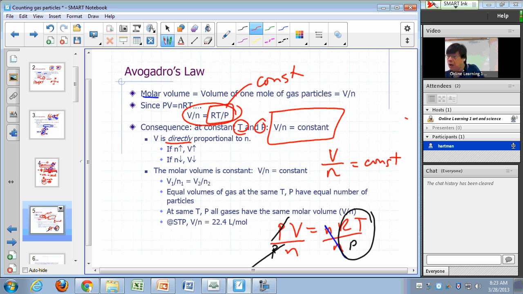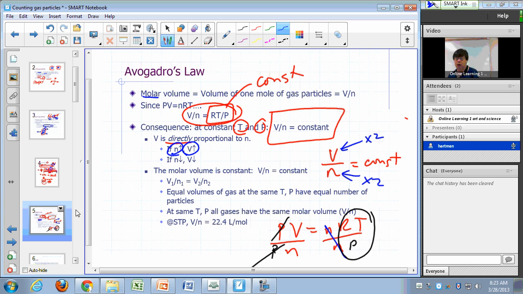If one is doubled, the other is doubled. So as the number of moles goes up, your gas occupies more volume at the same temperature and pressure. For as long as you have the same temperature and pressure, you can use the volume of a gas to determine how many moles you've got. The bigger the volume, the more moles of gas you have.